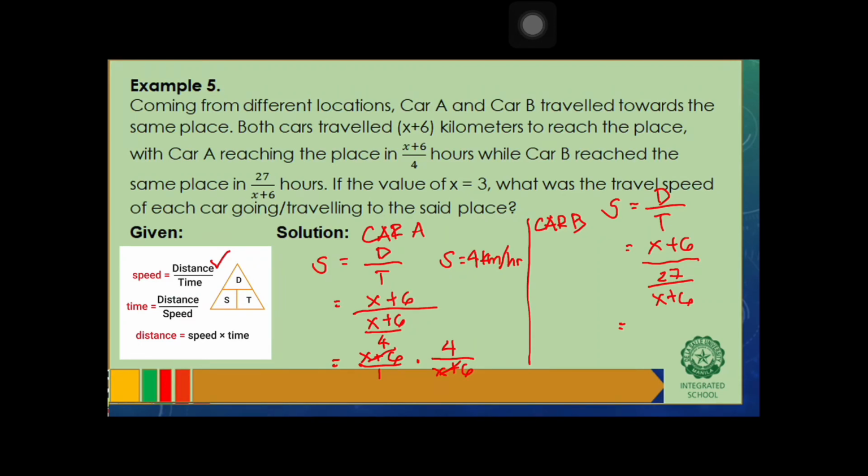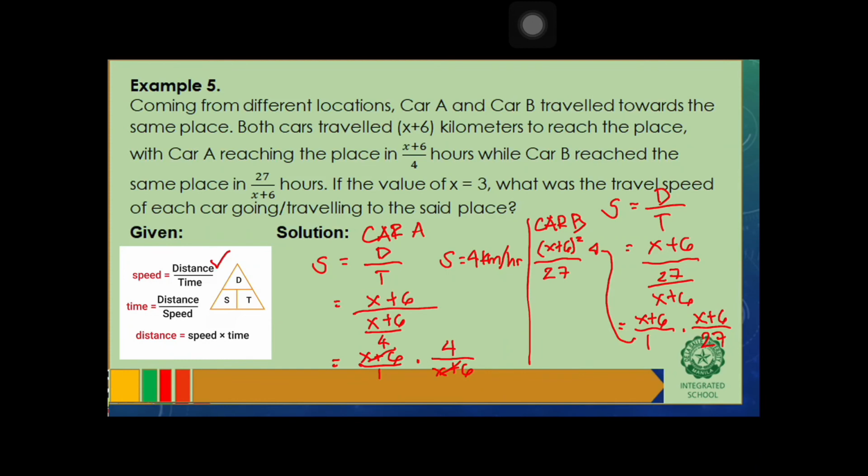So you end up having x plus 6 all over 1 multiplied by the reciprocal of 27 over x plus 6. You end up having x plus 6 over 27. After that, what you need to do is to multiply. So you end up having x plus 6 squared all over 27. So that would be the speed of car B.